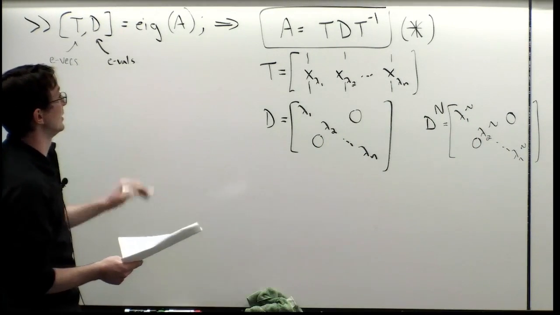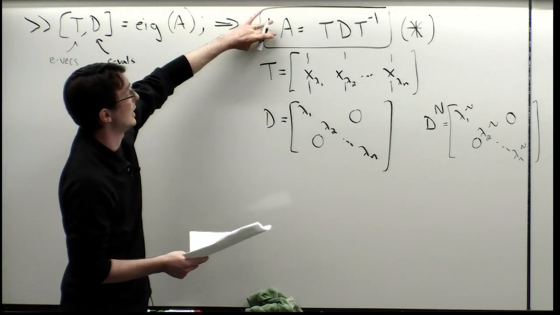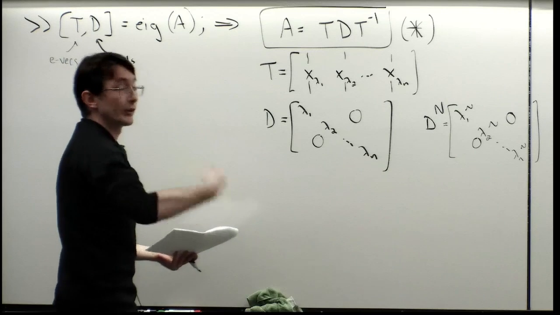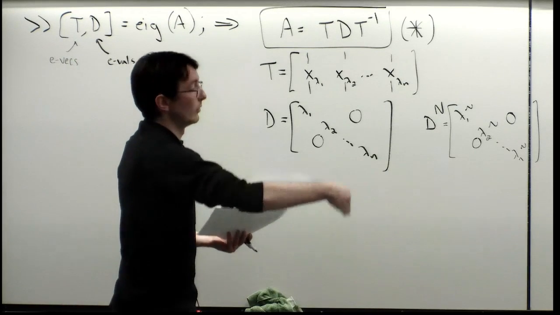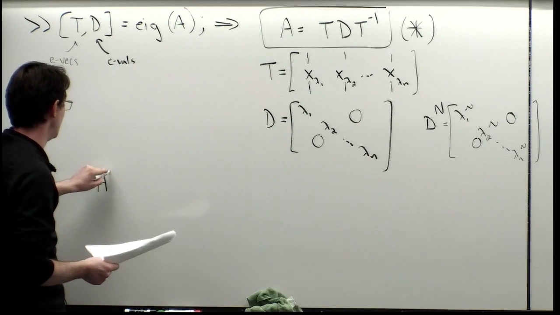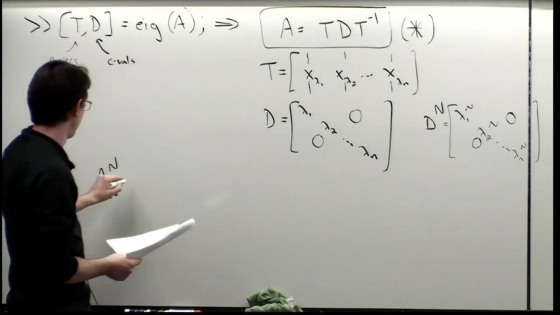And what we find is if I want to compute A to a power, right? So in my Jacobi iteration, I keep multiplying by A over and over and over again. So I'm really concerned with this matrix A to the power n.